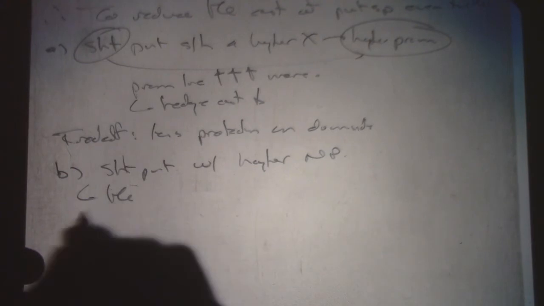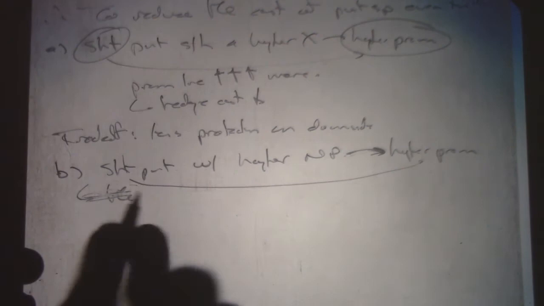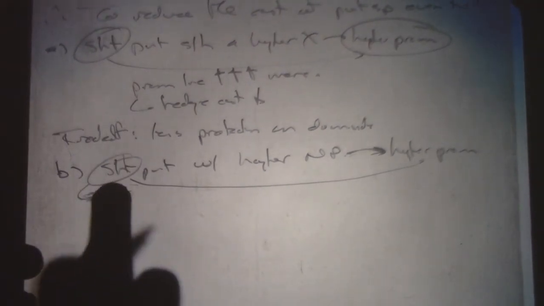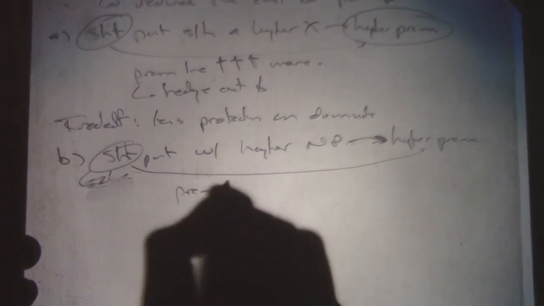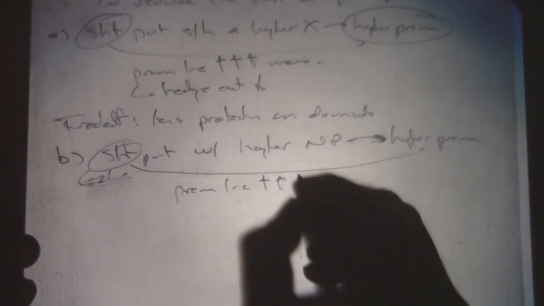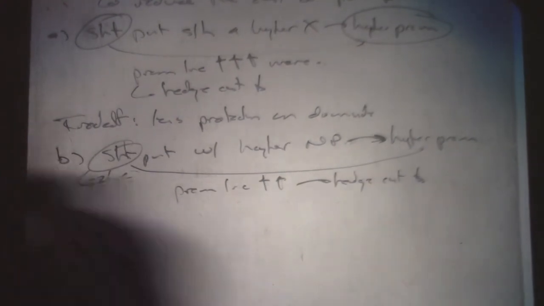Therefore, higher premium. And once again, you're shorting, and it's got a higher premium, so same thing. Premium income will go up, and therefore hedge cost would go down.